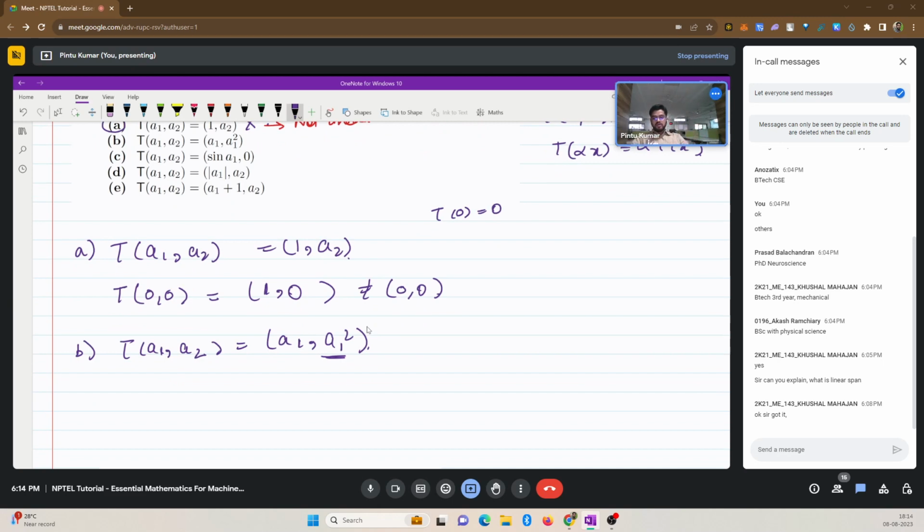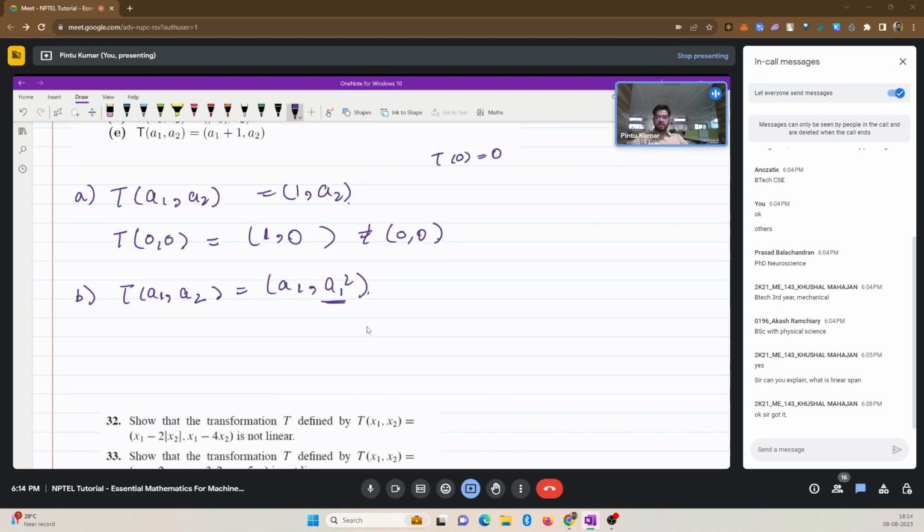Let's take a very simple example. T of (0, 1): a1 remains as it is, 0, and the second term becomes 1. Now let's take T of (0, 2). This would be (0, 4), right?